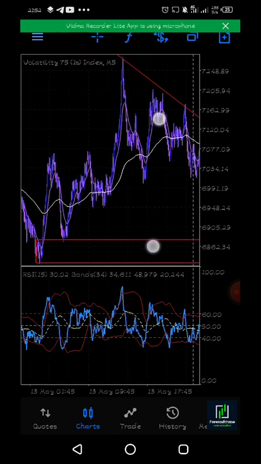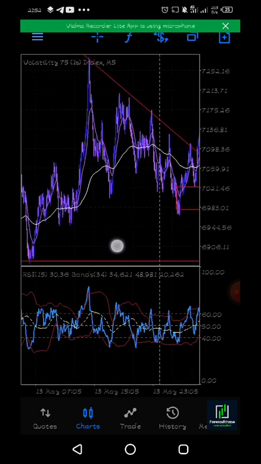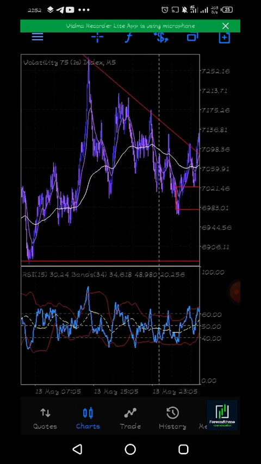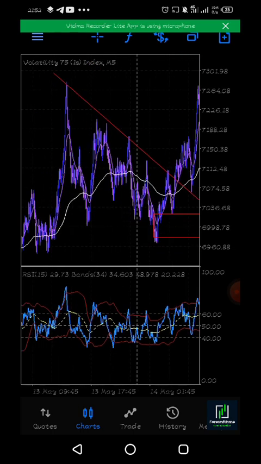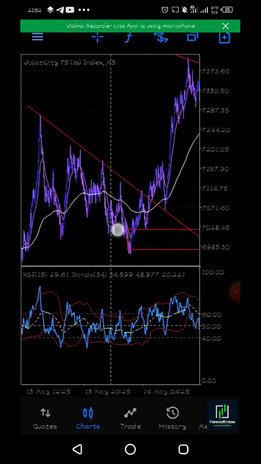So although the pattern is a kind of triangular form, this is also a range because market could not really make higher highs and higher lows or lower lows and lower highs, which would show us a trendy market.